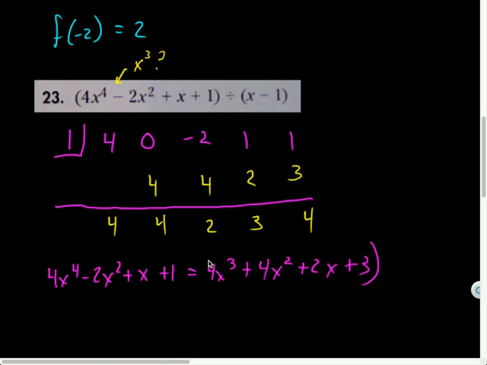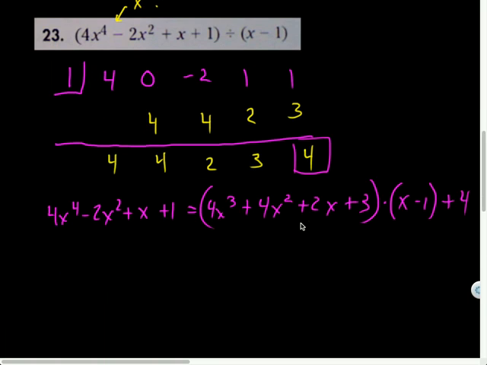Here's my quotient multiplied by my divisor, x minus 1, and then plus my remainder, so plus 4. So is x minus 1 a factor? No, because I can't write it as x minus 1 just times something, because I get this little bit of scrap left over. So x minus 1 is not a factor.